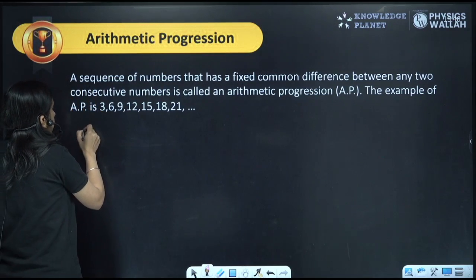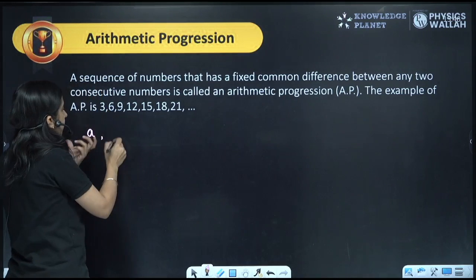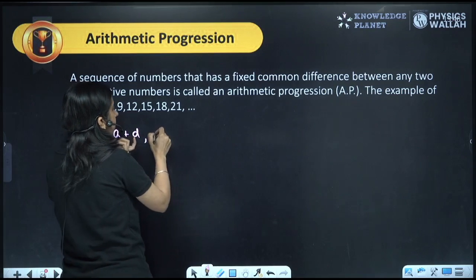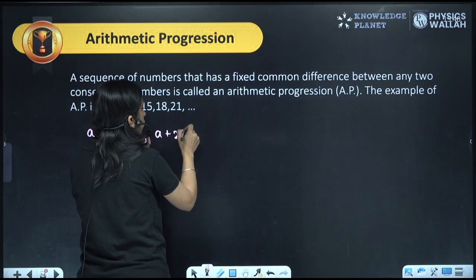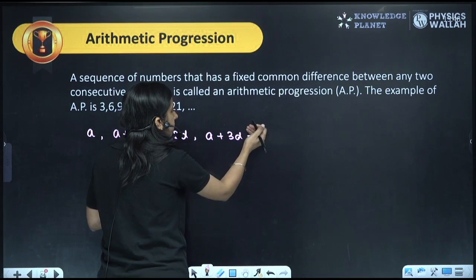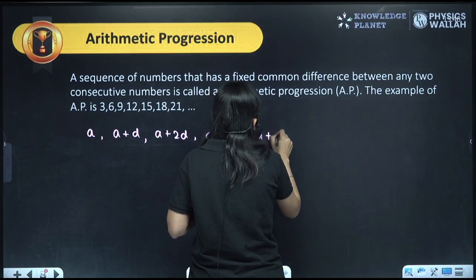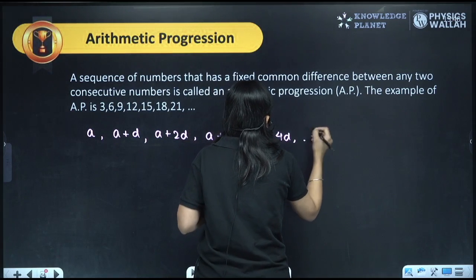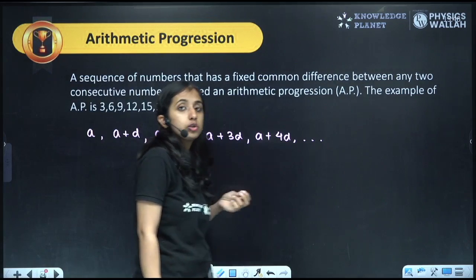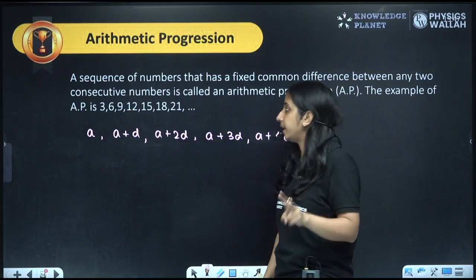So if I have the first term as a and the fixed number is d, then the next number will be a plus d, then a plus 2d, then a plus 3d, and then a plus 4d, and so on. This is an arithmetic progression, in which there is a fixed common difference between two consecutive terms.